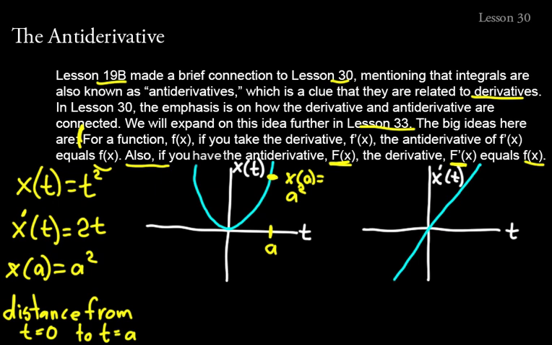So what's the other way to calculate that? Well, the other way is the area under the curve from t equals 0 to t equals a, from the x prime of t versus t graph. In other words, calculating this area in here. How can we do that?